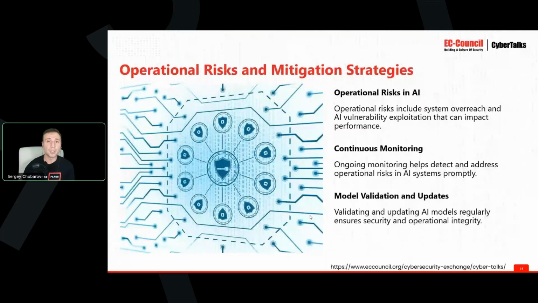So there's an operational risk as well. Operational risk includes system overreach and AI vulnerability exploitation that can impact performance. Again, if we make a decision based on the AI and even automate the response from AI, then AI may not know about all our plans.